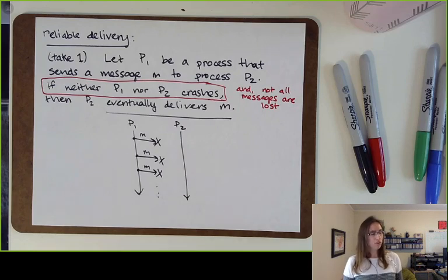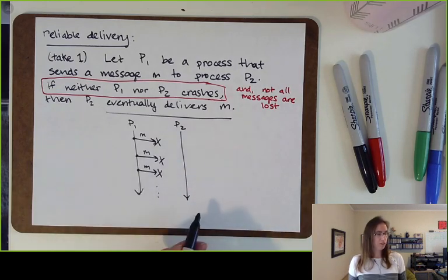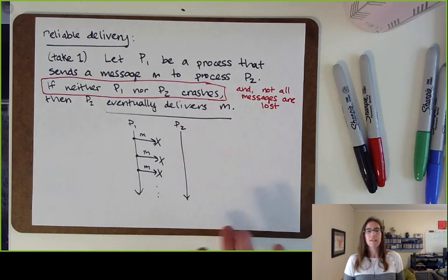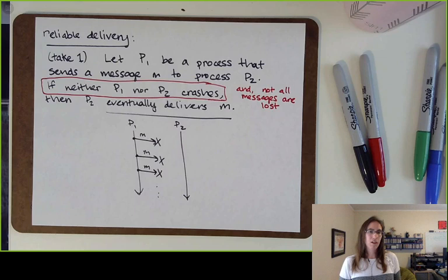So I can't draw a picture of a finite execution in which this reliable delivery property is being violated. So that means that it can't be a safety property. And every property, it turns out, is either safety or liveness, or a combination of the two. So because it can't be safety, it's got to be liveness.